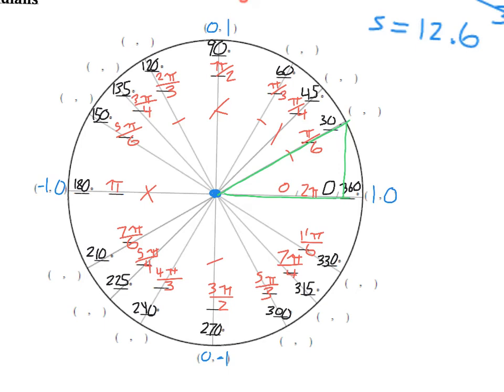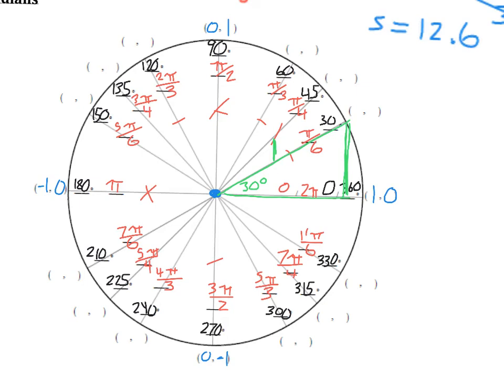We know that this circle has radius 1, so if I draw a 1 on the hypotenuse, this is a 30, 60, 90 triangle. So this side would be my y coordinate. Well, what's the short side of a 30, 60, 90 triangle? It has ratios 1, rad 3, and 2.